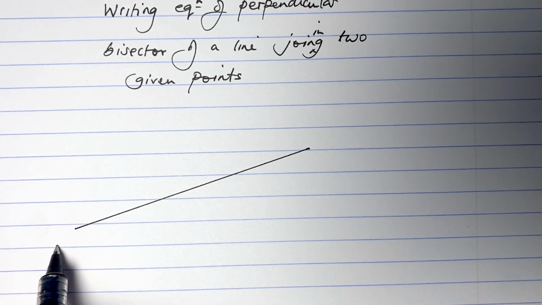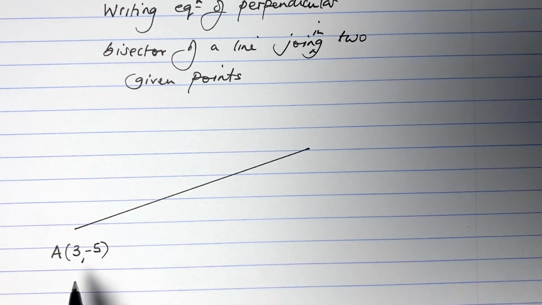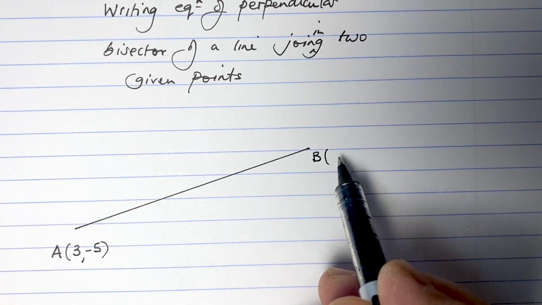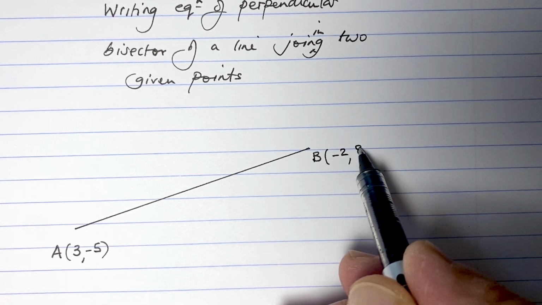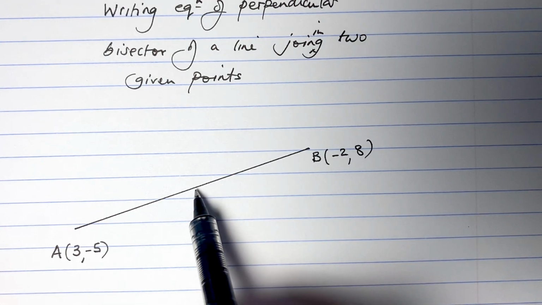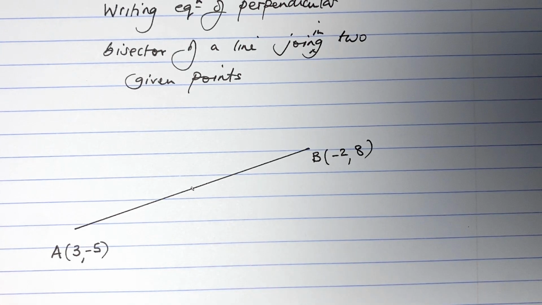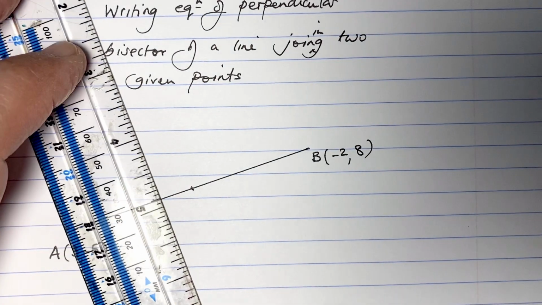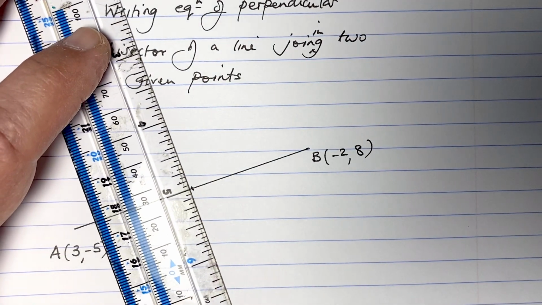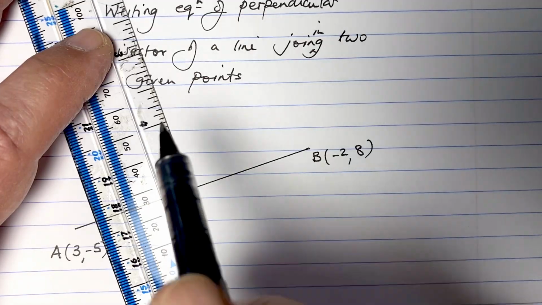So let me give you a point A with coordinates 3, -5, and say B is -2, 8. I want a line which goes through the middle of AB and is perpendicular to AB. So it's called perpendicular bisector.